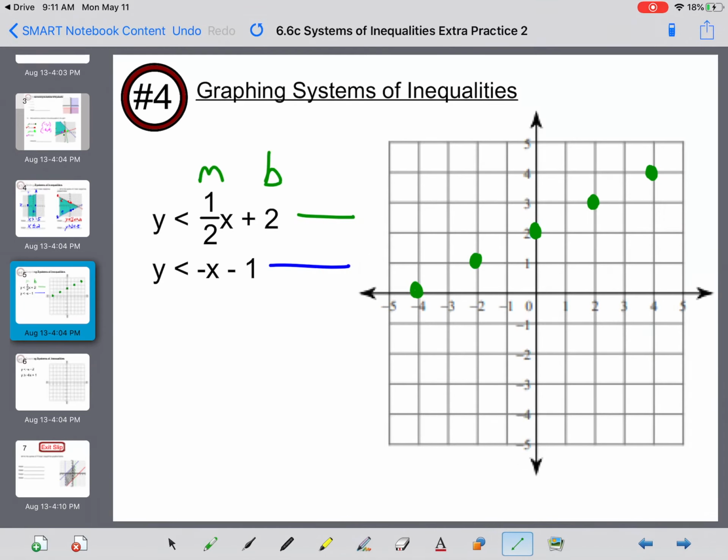Less than means a dashed line. There's your dashed line. And less than means shading below.